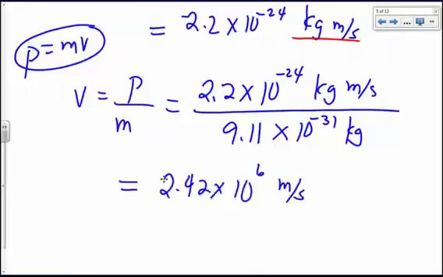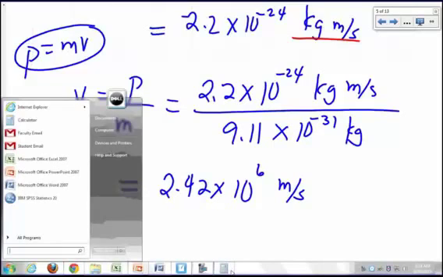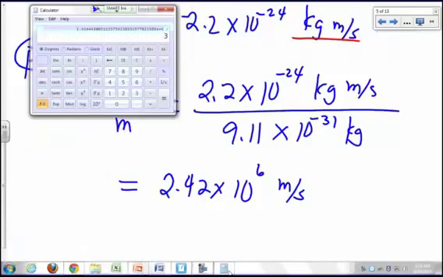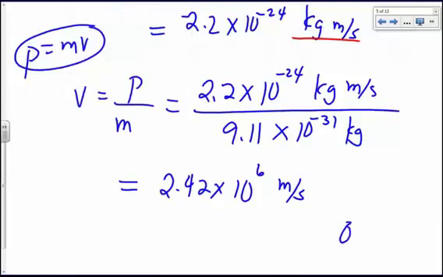meters per second. Okay. Do we need to do a relativistic correction here? What is that compared to the speed of light? Divide by 3 times 10 to the 8 meters per second. That's about 0.8%. No, 0.008. So yeah, it's about 0.8% of the speed of light.